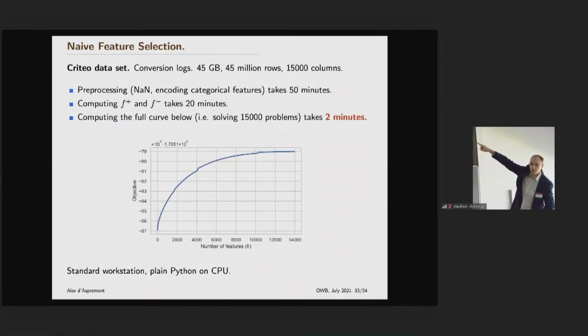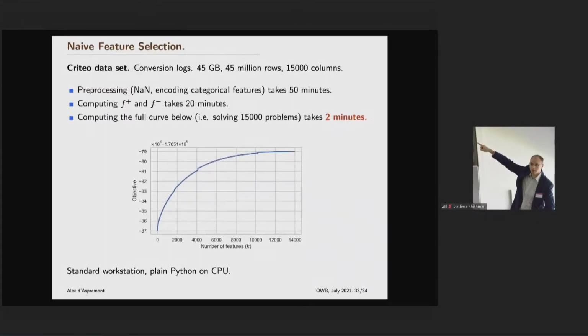We tried this on a very large digital marketing data set from Criteo, from conversion logs. It's 45 gigabytes, 45 million rows, 15,000 columns. And just to give you an idea of the orders of magnitude, pre-processing, so handling NaNs, encoding categorical features, etc., takes 50 minutes. Computing the vectors f plus and f minus, the feature vectors for the naive Bayes problem, takes 20 minutes.